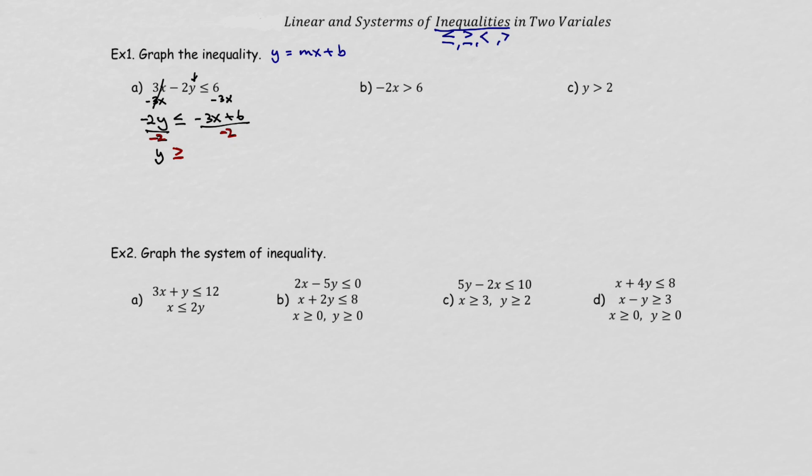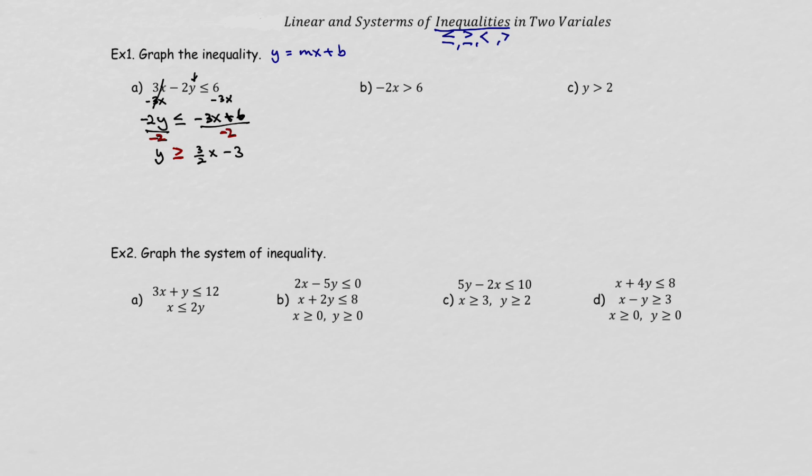That will give me negative 3 over negative 2, so it will be positive 3 over 2 x. And then you have plus 6 over negative 2, that will give you negative 3.